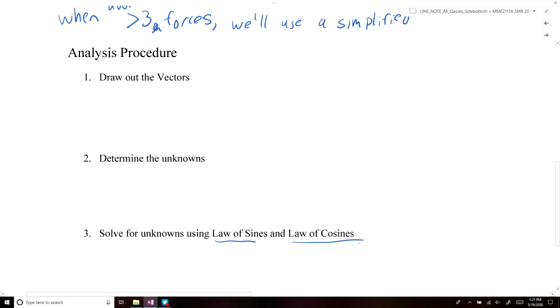For type A problems, when you're finding the resultant force, you're going to use the parallelogram or the triangle law to draw out a triangle.